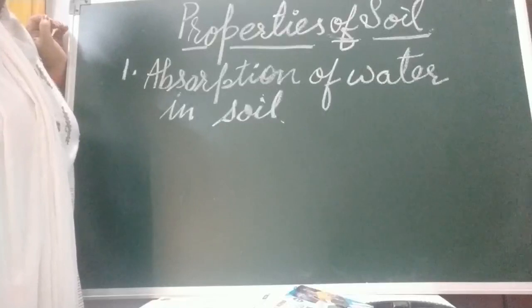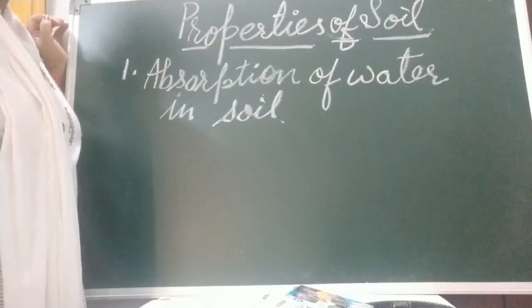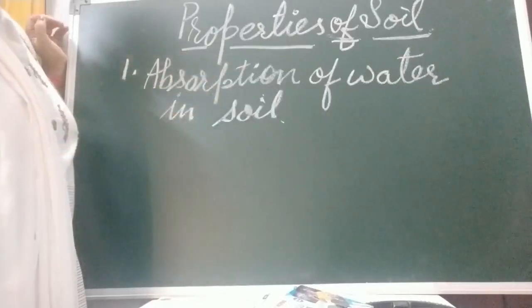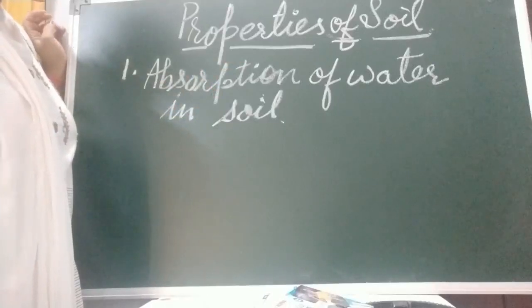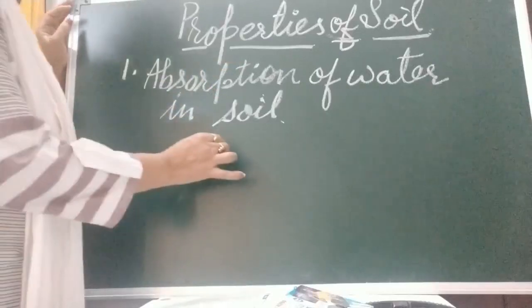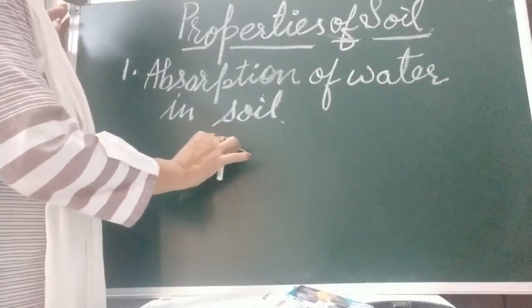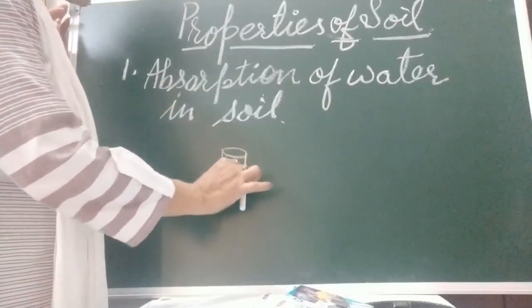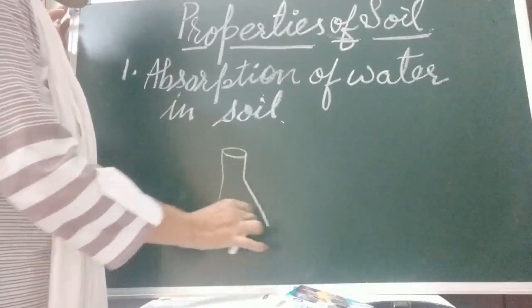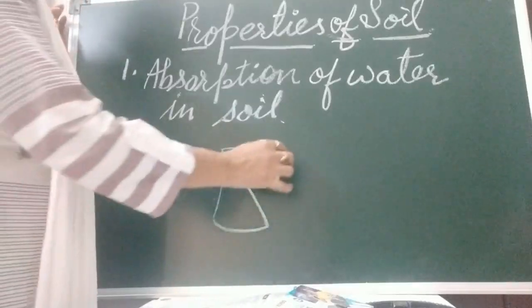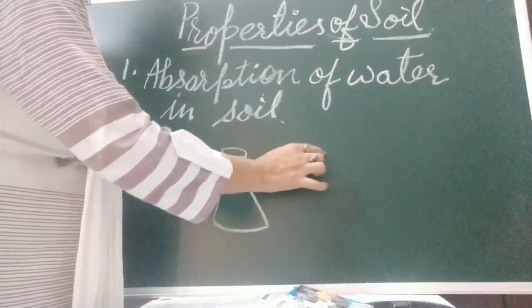Children, we will do an activity to show the absorption of water in soil. What we will do, we will take two conical flasks. Conical flasks, they are like this.